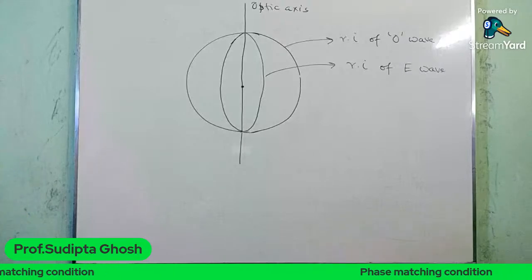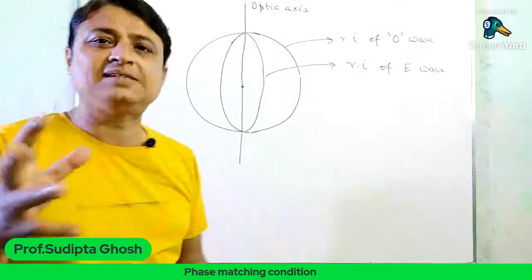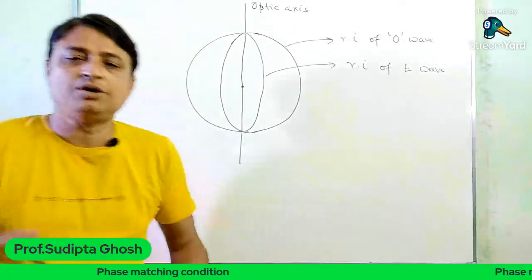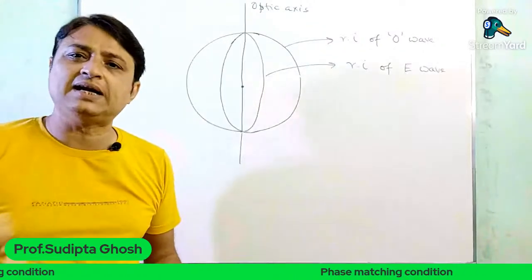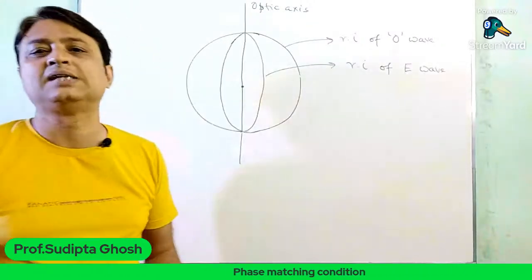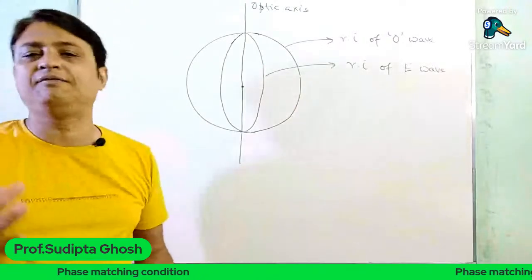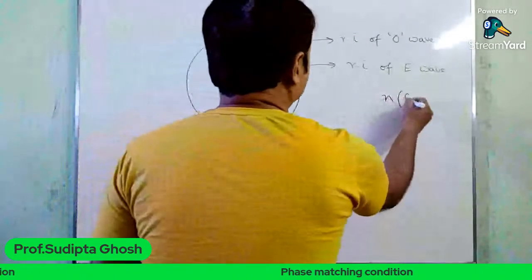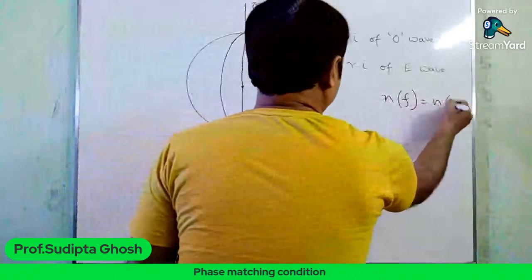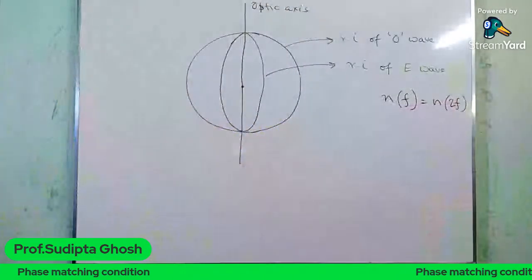Okay? Now to make the phase matching condition. So now we are going to hold the phase matching condition, and as we have already discussed, for the phase matching condition, the refractive index NF must be equal to N2F, right? So this was the phase matching condition.